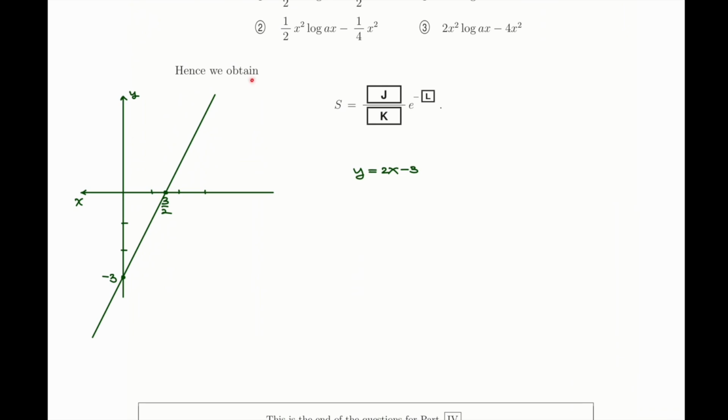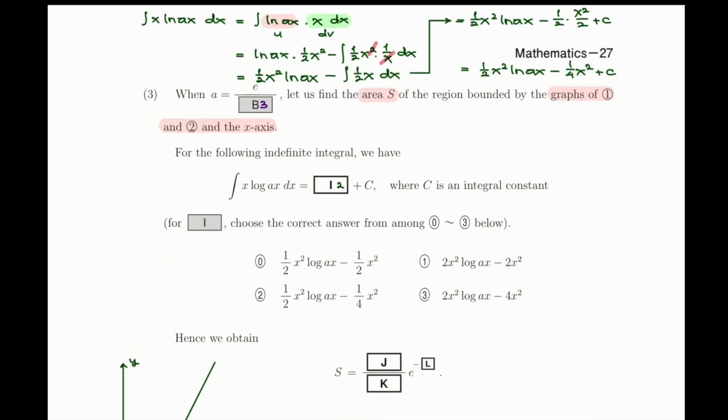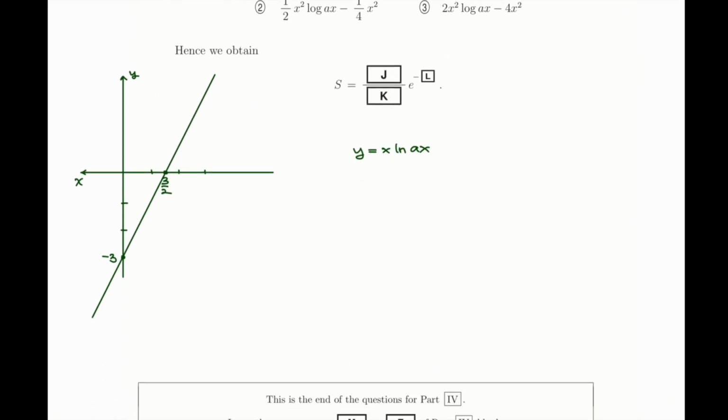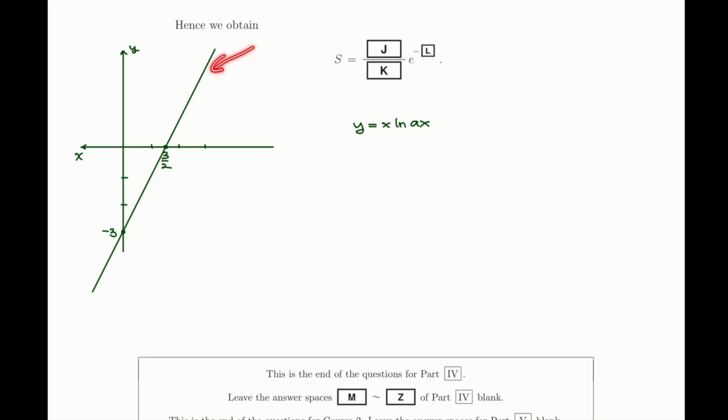Remember that this line is the tangent of our first curve. Our first curve is x ln ax. This is our first function or first curve. This line is the tangent of this curve.